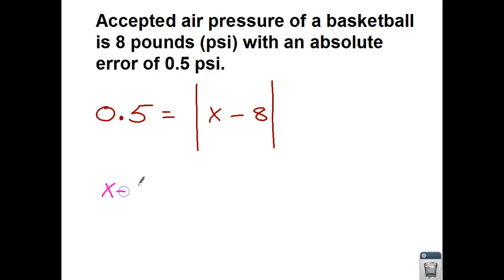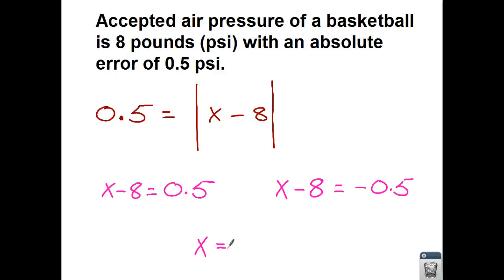So x minus 8 is equal to 1/2, and x minus 8 is equal to negative 1/2, and you'll be able to figure out what would be acceptable on both sides. So, just think of it mathematically. If I am a half distance away from 8 on both sides, let's just come up with the two values here.